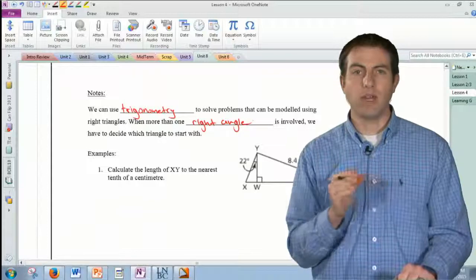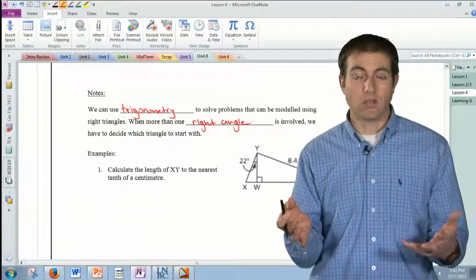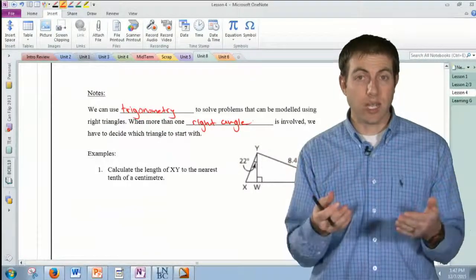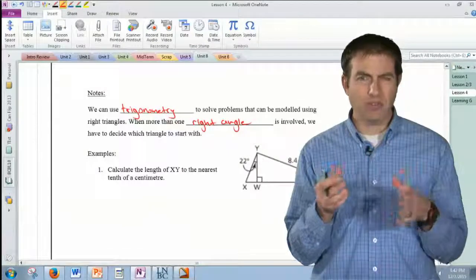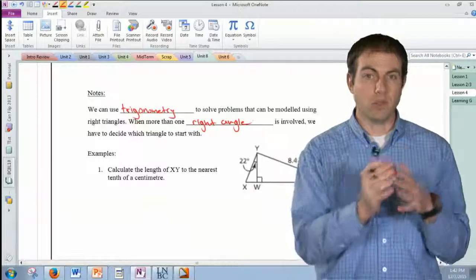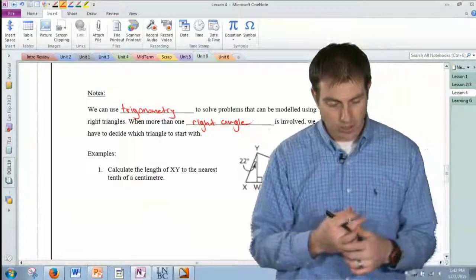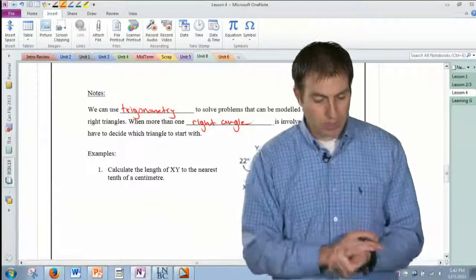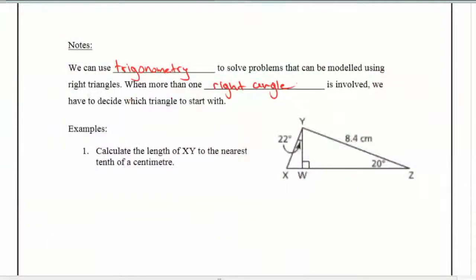So you need to identify where your 2 triangles are, where your shared side is, and then see if finding that shared side will allow you to use information from one triangle to look at the next triangle. The first example: calculate the length of XY to the nearest tenth of a centimeter. XY is over here.